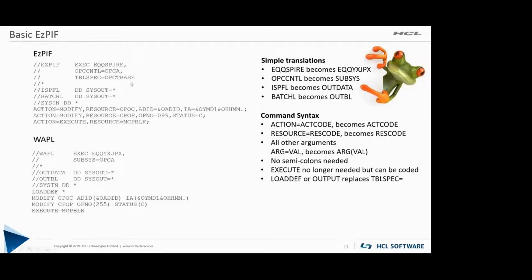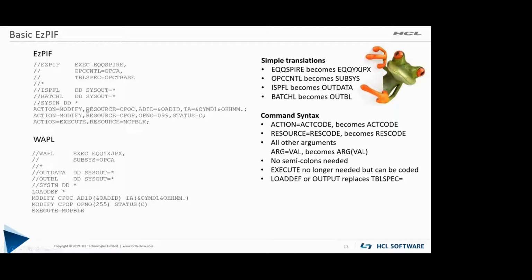That's pointing to a member with predefined output statements in. The ILSN data would go to ISPFL, ISPF loader, and the batch loader data would go to batch L. And the commands would look like this.